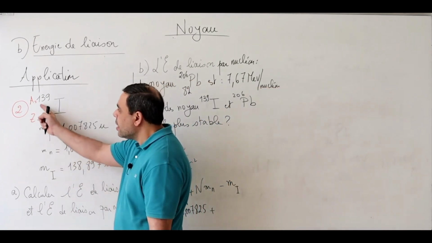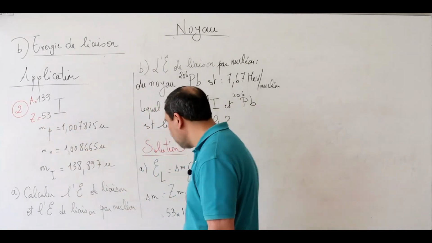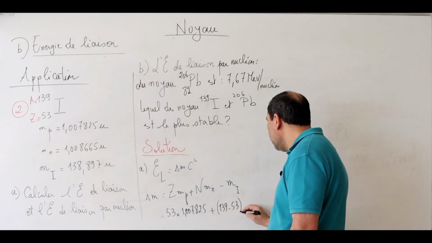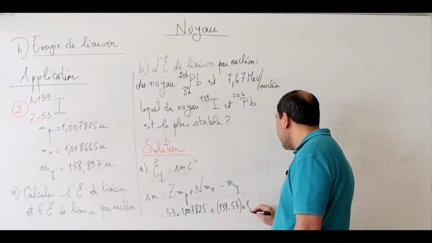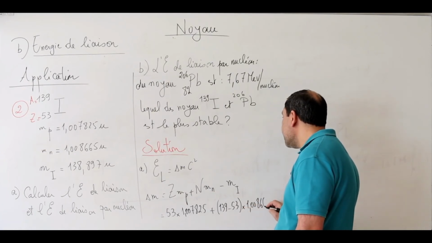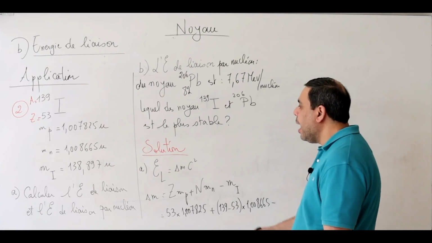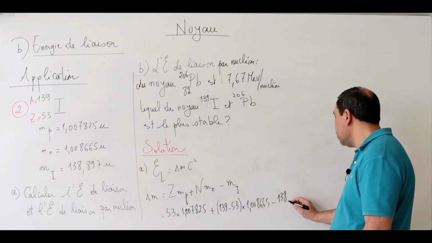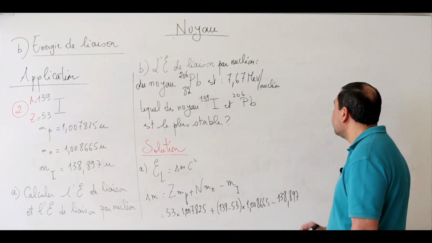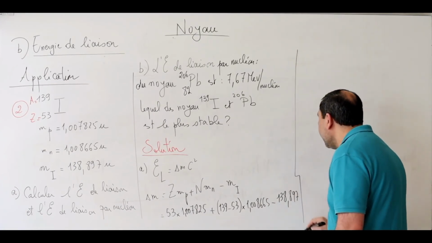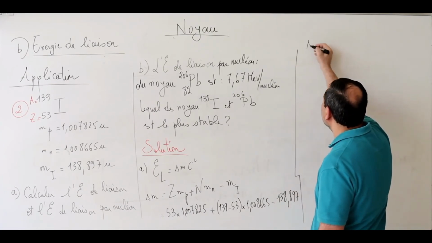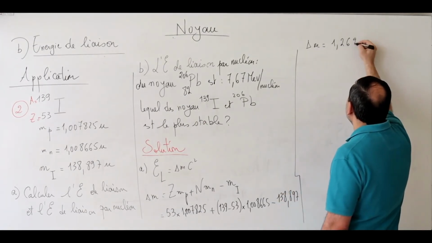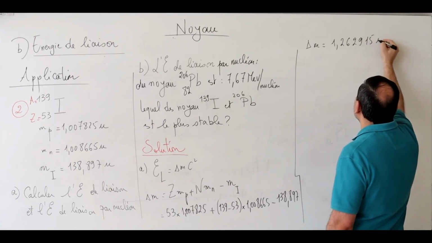N is the number of neutrons, 139 minus 53. The mass of the neutron is 1.008665. Minus the mass of the iodine nucleus, the mass defect in this case is equal to 1.262915 U.